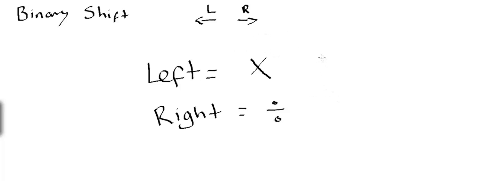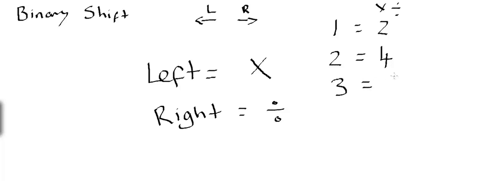Depending on the number of places that you shift will depend on what it is that you're dividing it by. So if you shift 1 place, then it's the equivalent of multiplying or dividing by 2. If you shift 2 places either direction, it's the equivalent of multiplying or dividing by 4. And you can probably see where this is going. 3 places is the equivalent of 8, and 4 places is the equivalent of 16, and so on and so forth.